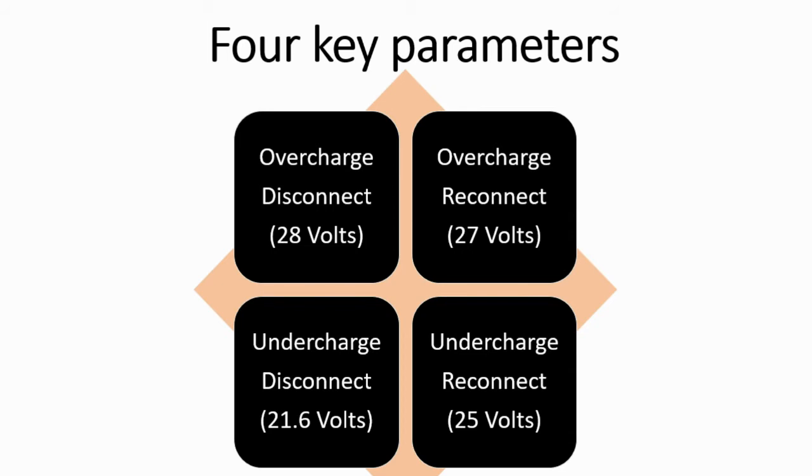By doing this, it will protect the battery from being overcharged. When the battery supplies some loads and the battery voltage reduces to 27 volts, then the reconnect will occur and the solar panel will be allowed to charge the battery.